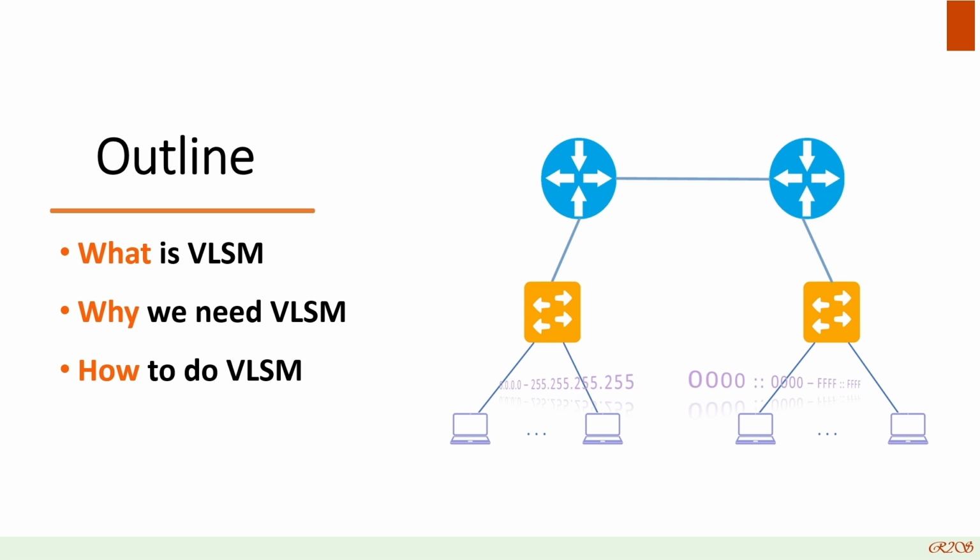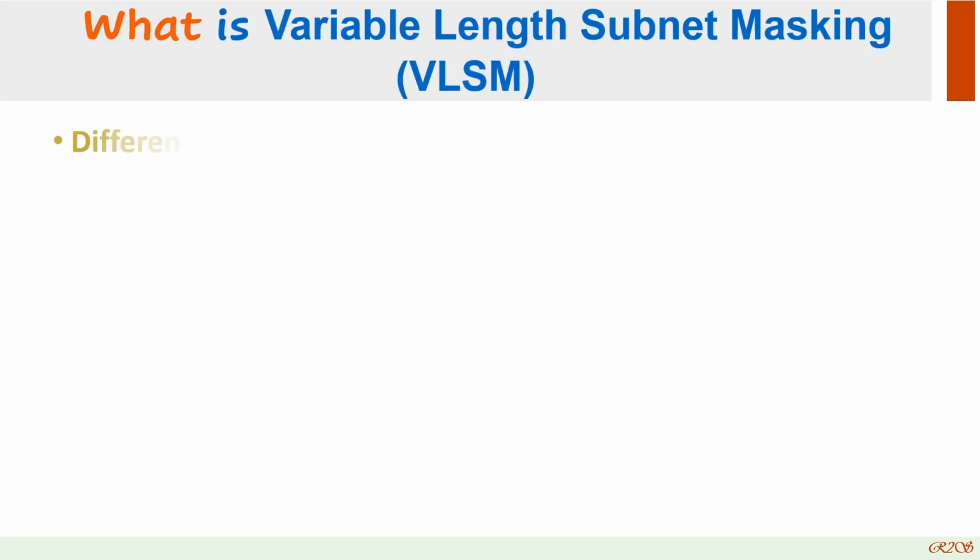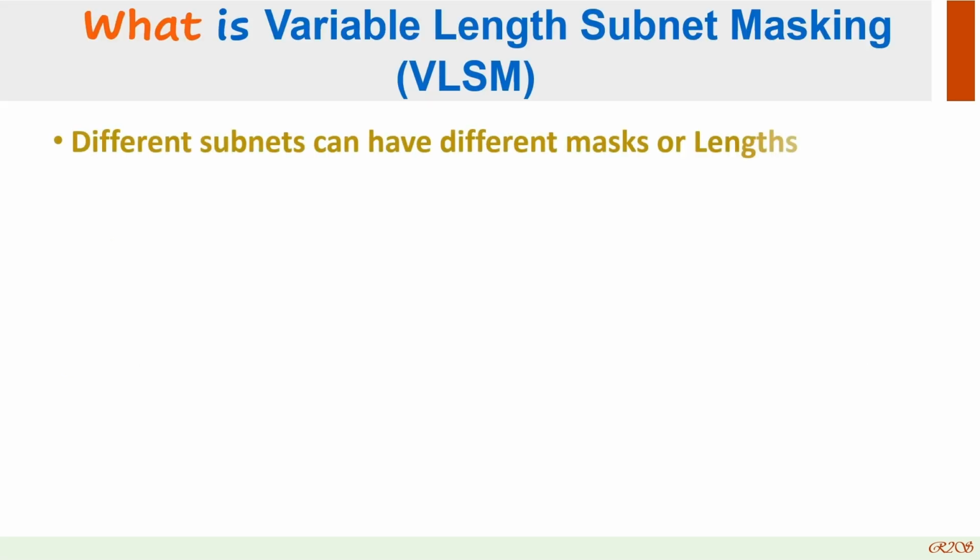So let's see what VLSM is. We know equal size subnetting, which we discussed in our previous video. VLSM means that different subnets can have different lengths, different masks.